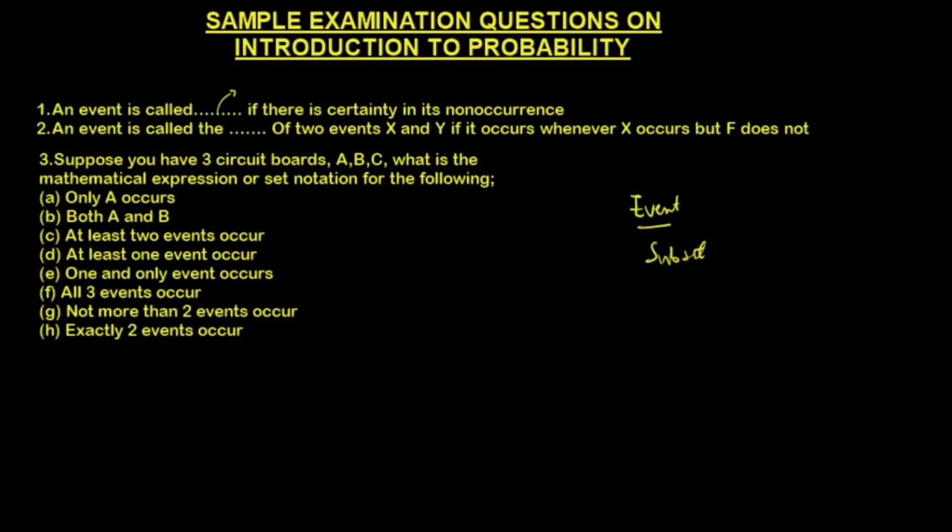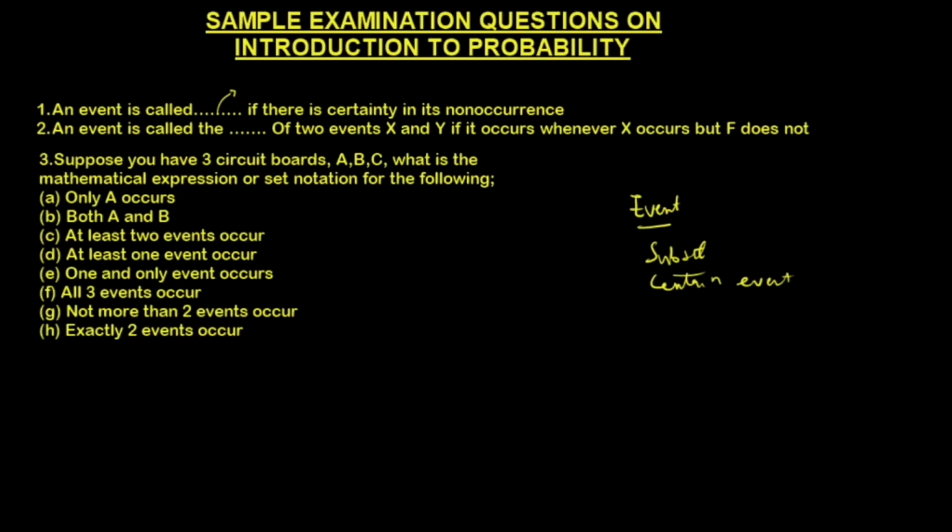An event is called certain if its occurrence is inevitable. That is, the sample space is an event which falls under certain event. So whatever you do, it will happen. That's a certain event.